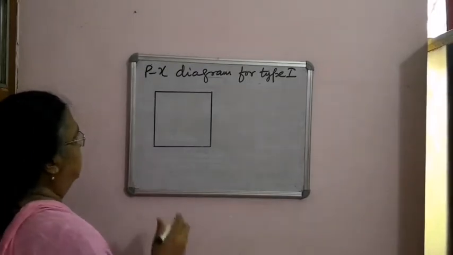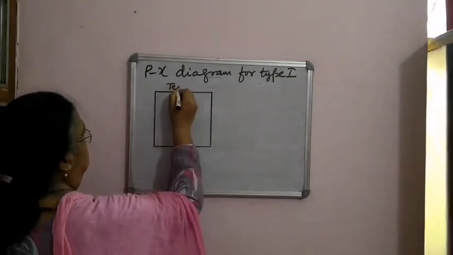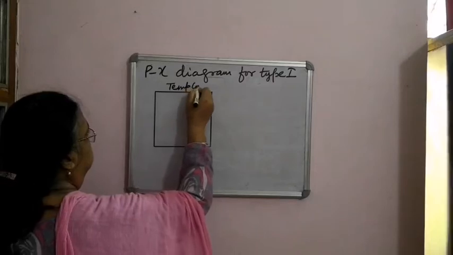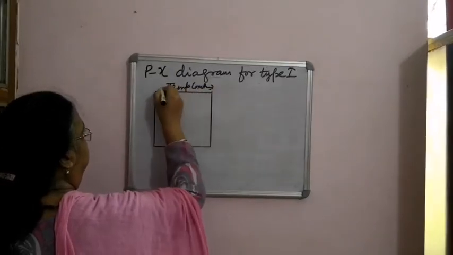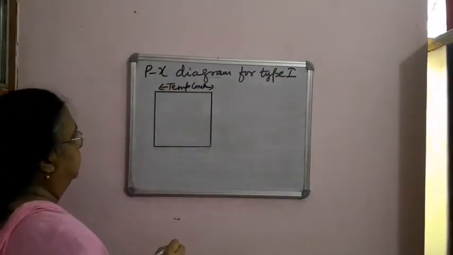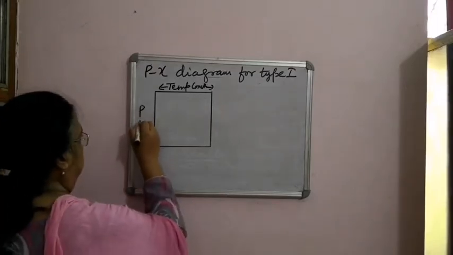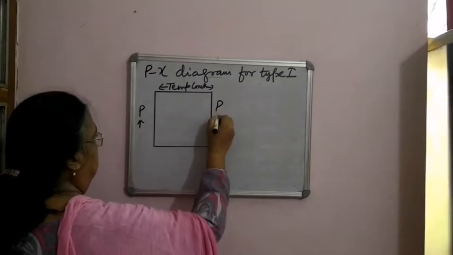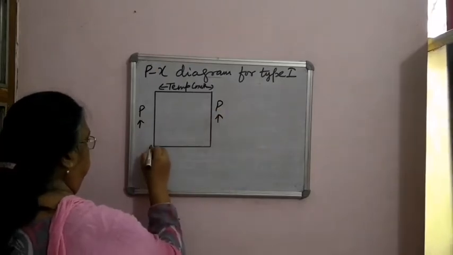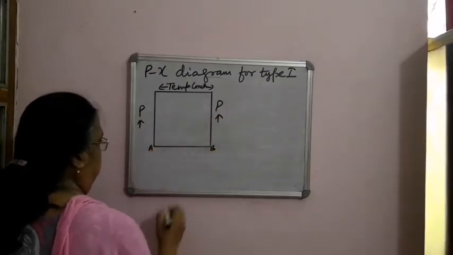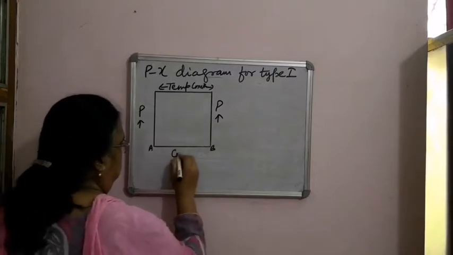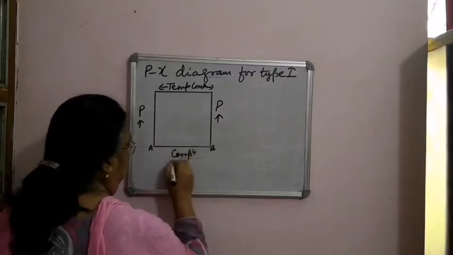Since this is Px, we will keep temperature constant and pressure variable. This is for component A, this is for component B. Here is the composition.